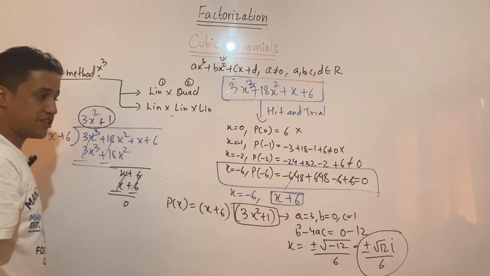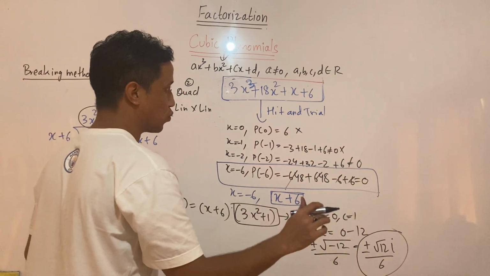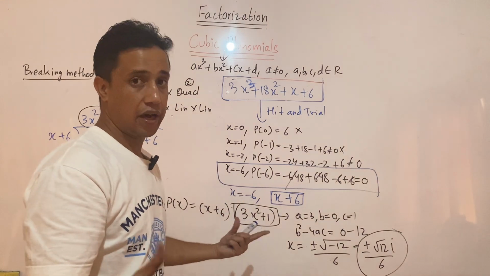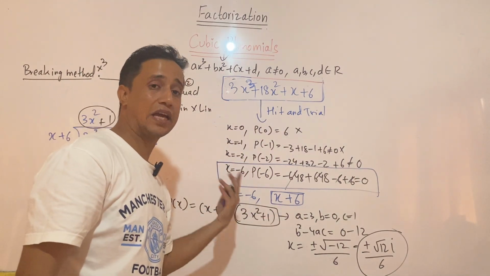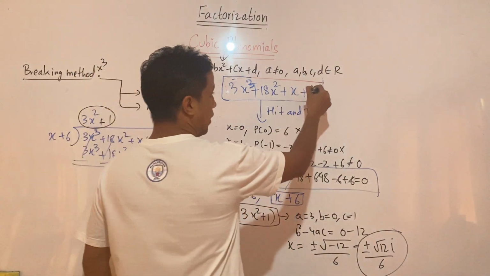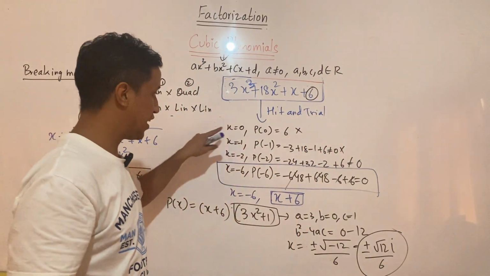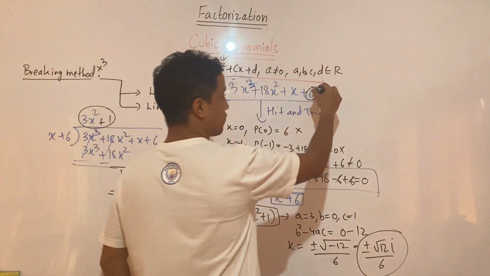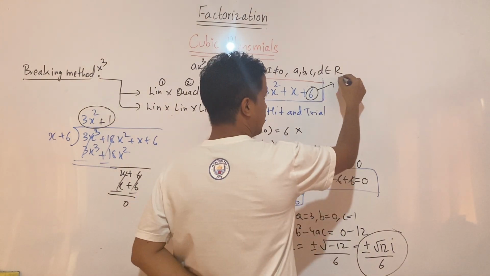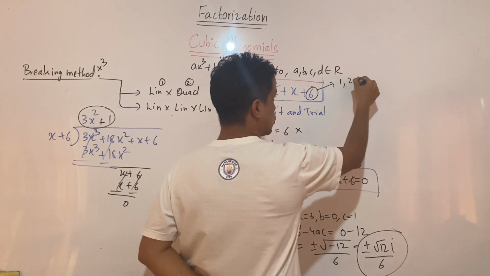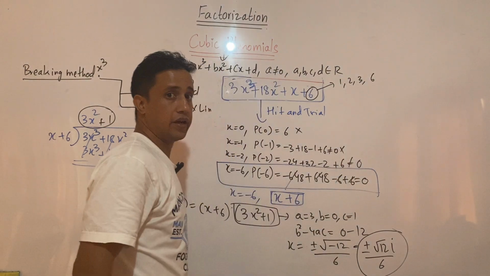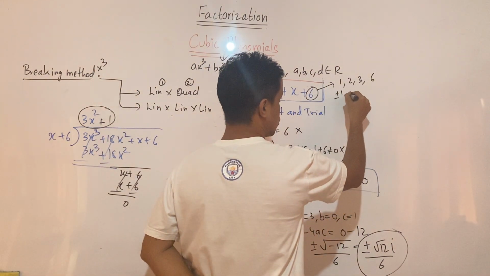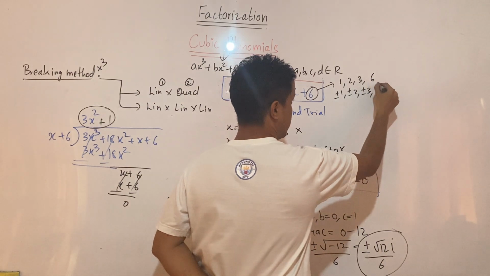So it's very simple. Now there is only one trick here. This is a trick, so just use it when you are running out of time. Otherwise, because this is a trick, it means sometimes it fails. For example, when you try to factorize a cubic polynomial and you don't know what values to throw in to get p(x) equal to 0, the trick is to just factorize this constant part. So I will get 1, 2, 3, and 6. These are the factors of this number, right? So just add plus minus to them: plus minus 1, plus minus 2, plus minus 3, plus minus 6.